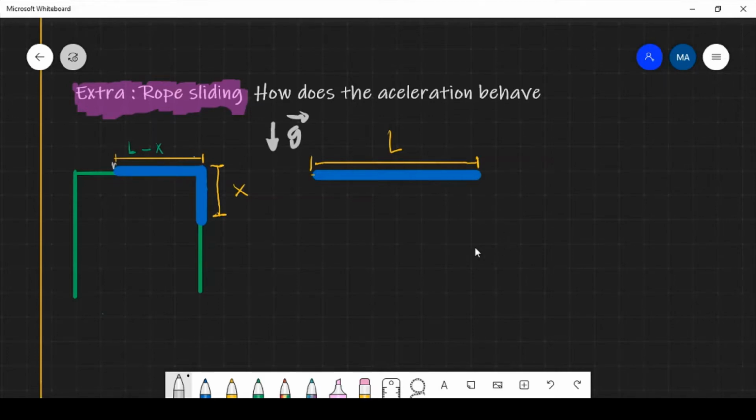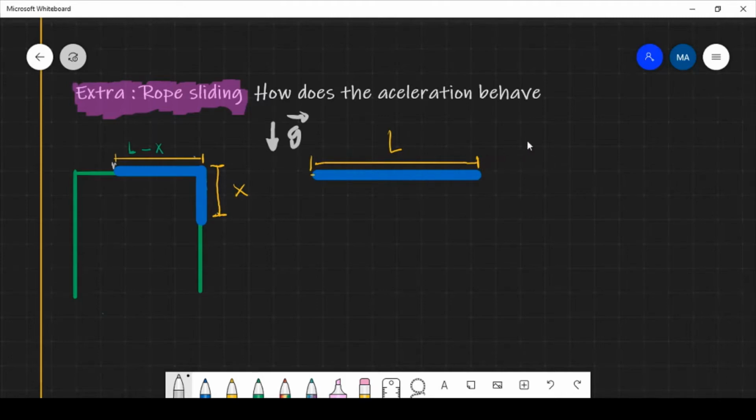For you to answer this type of question, it's usually the same type of thinking you need to have. First of all, the rope has a uniform density. So what does this mean?